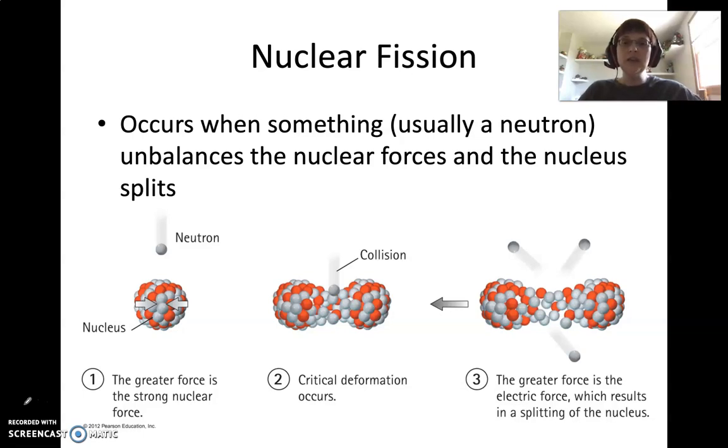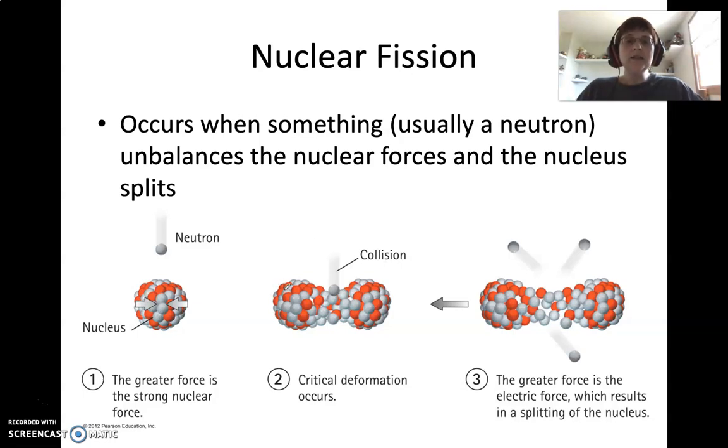And as you can see here, it occurs when something, usually a neutron, can be other particles, but it's usually a neutron because it has enough mass to do this, unbalances the nuclear forces in the nucleus and the nucleus splits. So as you can see here, we've got a large nucleus of an atom, let's say something like uranium, and a neutron comes in and collides with it.